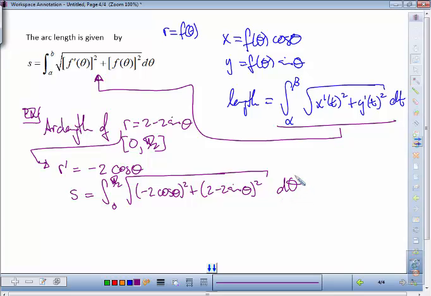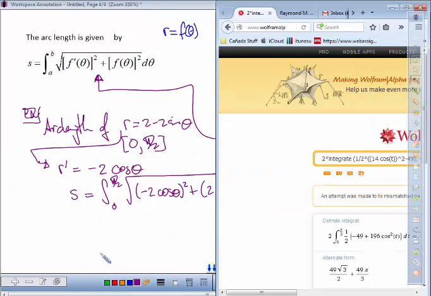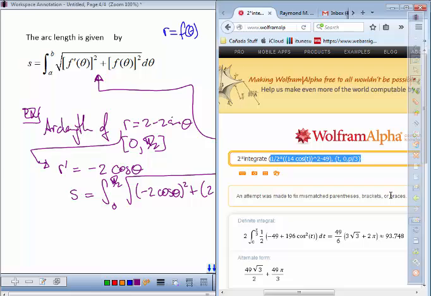Okay, so in the old days you'd do this by hand, but now we're just going to plug it into our Wolfram Alpha and see what we get. So we're going to integrate the square root. SQRT, I think, is the abbreviation for square root. I know that's what it is in Mathematica, but if you don't remember the square root in this, you can just raise it to the 1/2 power or 0.5 power.